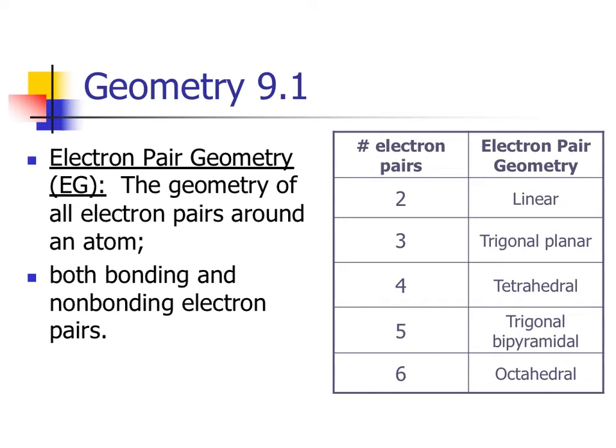Electron pair geometry is usually shorthand written as EG, and that is the geometry of all the electrons around the central atom. This takes into account both the bonding and the non-bonding electrons.